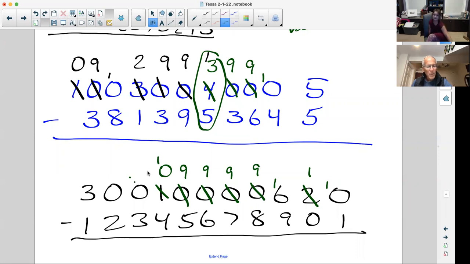Oh, wait, sorry, it becomes a 9. Tessa, you borrowed. It becomes a 9. And then the next 0 becomes a 9. And then the 3 becomes a 2.